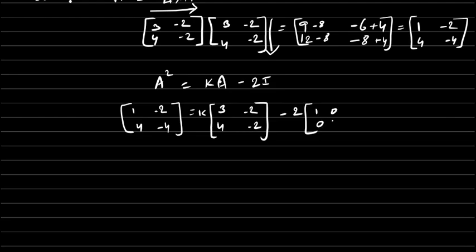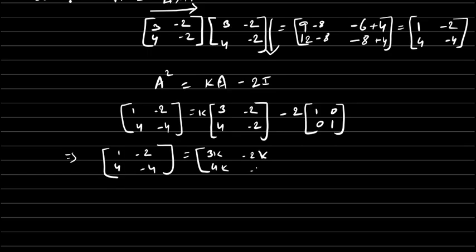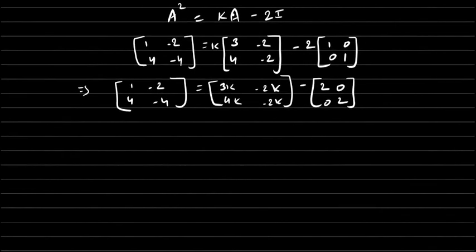When you simplify this, the given problem is 1, 4, minus 2, minus 4, and if you do the scalar multiplication, you can write this as 3k, 4k, minus 2k, minus 2k, minus 2, 0, 0 and 2.